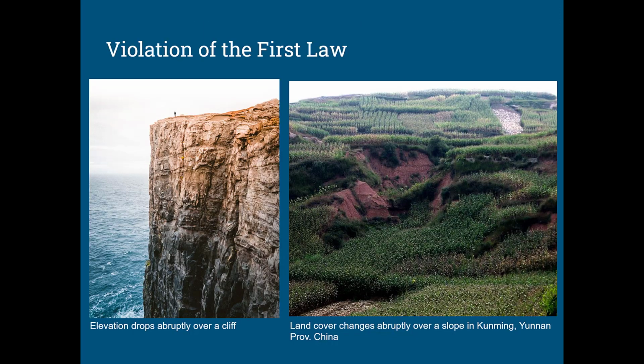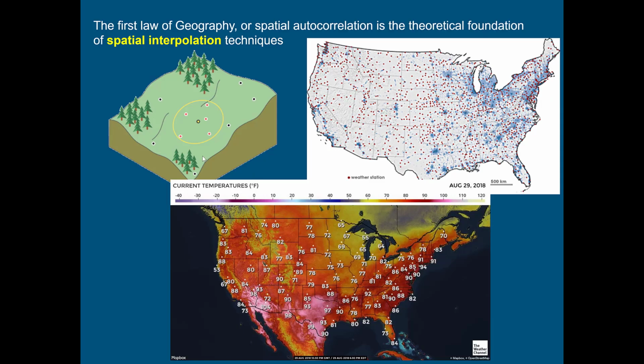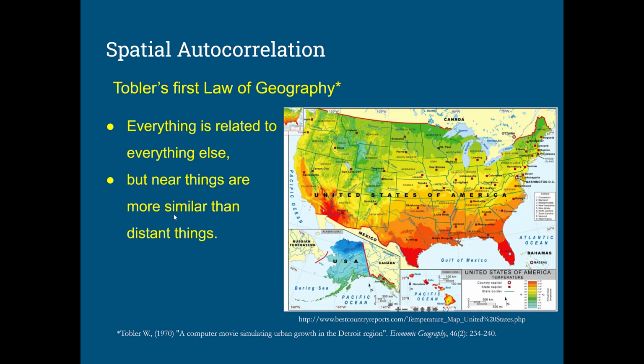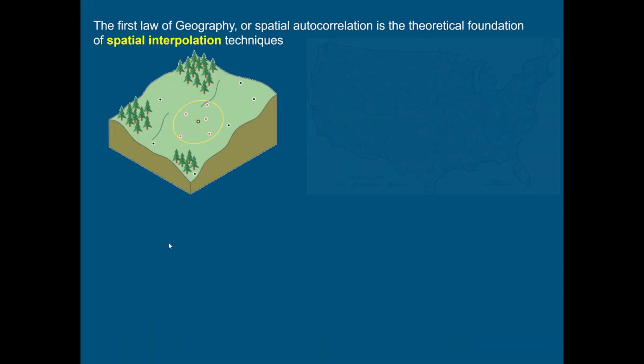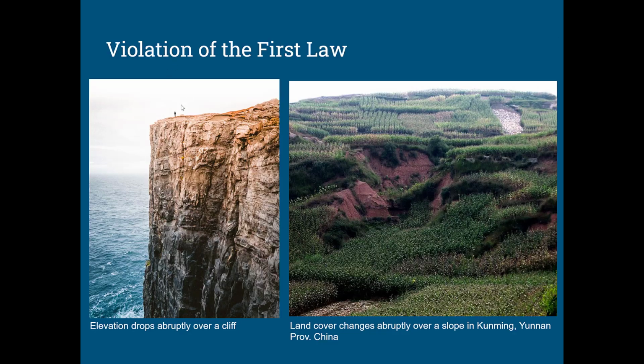But keep in mind, for the first law of geography, you can find a lot of violation examples. So what's that? Near things are more similar than distant things, right? Well, how about this? You stand on the top of this cliff. Well, the next thing to the cliff actually is the ocean. It's totally different, right?